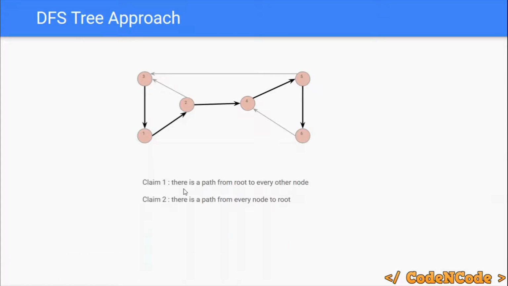So every path uv can be broken down this way, u to root and root to v. And claim 1 and claim 2 suggest that this path would always exist, and hence using this configuration the graph would still be connected.